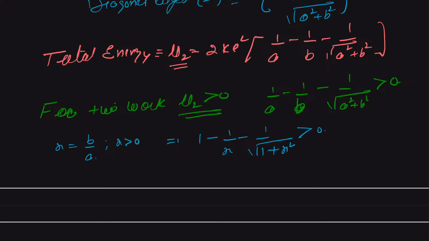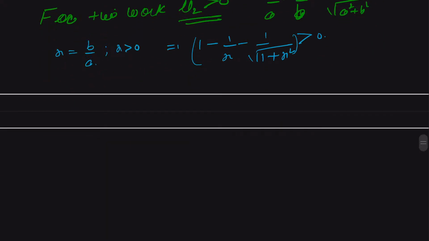And let us define this as a function f of x. And we can just approximate the sign. So we define f of x equal to 1 minus 1 upon x minus 1 upon the square root of 1 plus x square.